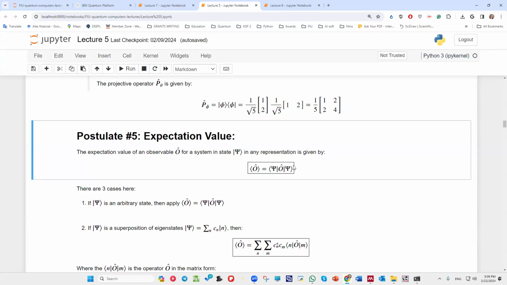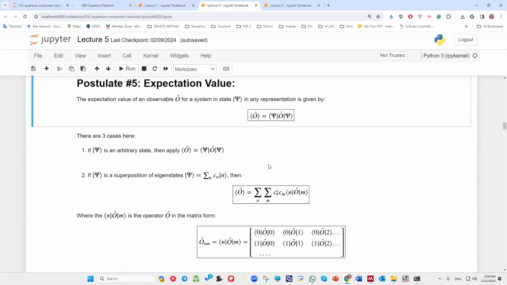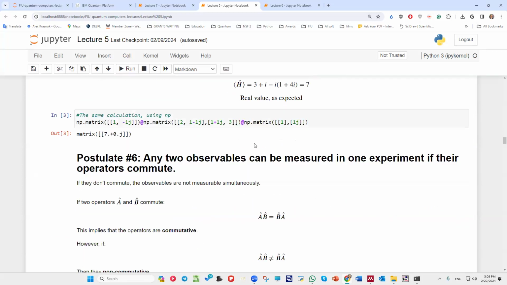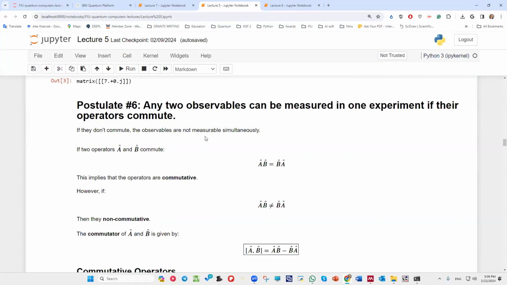So you get this result in a probabilistic way, and this formula tells us how to calculate the expectation value if you know the operator of the value we measure and the general state of our quantum system. We discussed a few nuances. Let me skip all this.